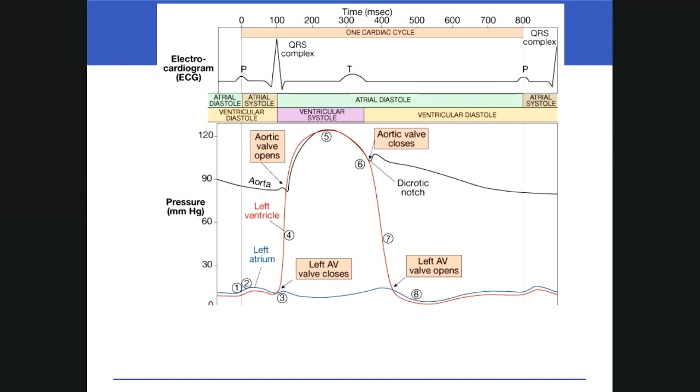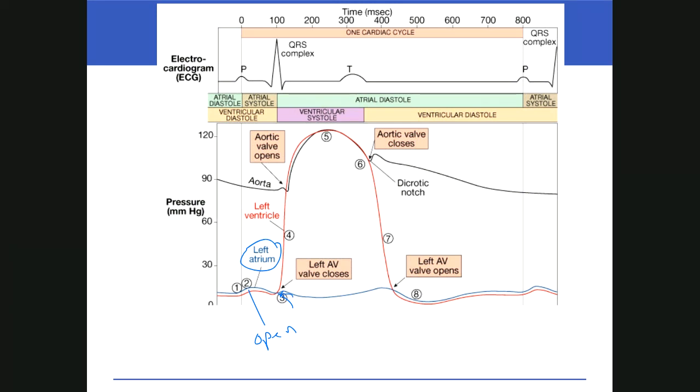So, one more time. Look at who's higher here. Who's higher, atria or ventricle? Right here. Who has more pressure? The atrium. So, right here, the valve is open. But, right here where the lines cross, now who has more pressure?